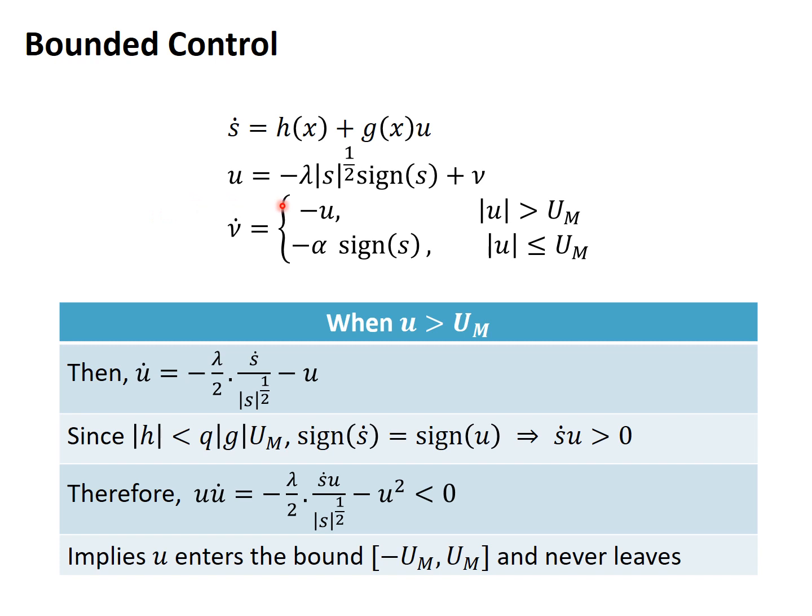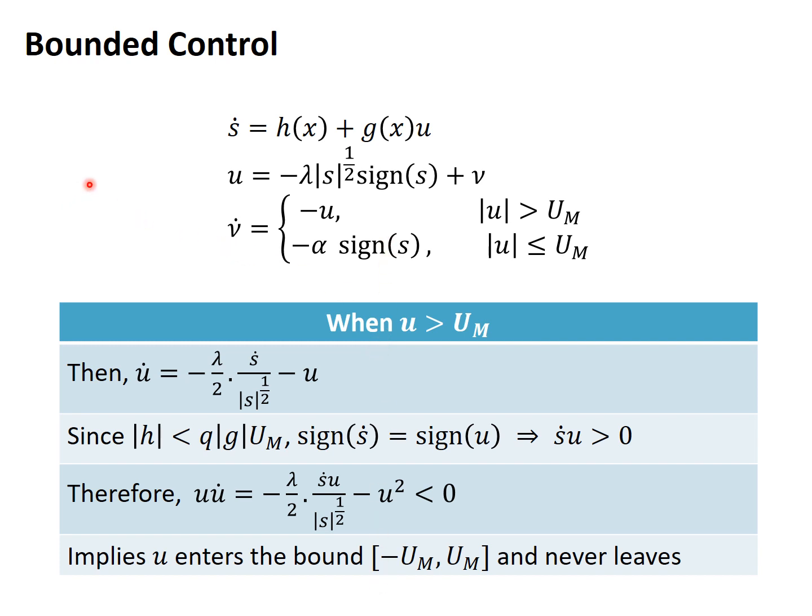But first the boundedness has to be shown to prove the convergence of the algorithm, to prove that it is a second order sliding that gives S and S dot both 0 in finite time. So, first this boundedness has to be proved in that case also. So, one case is that if only the boundedness is asked, then this much.